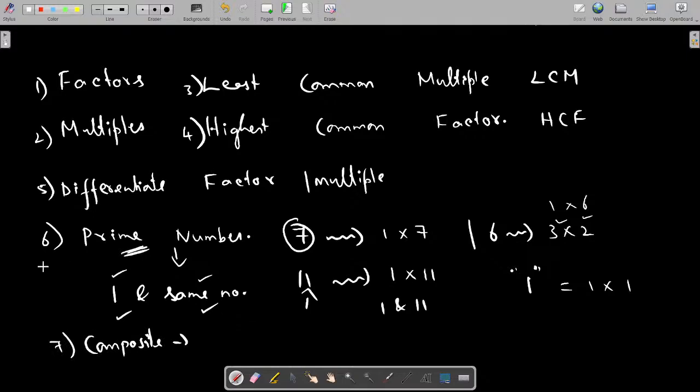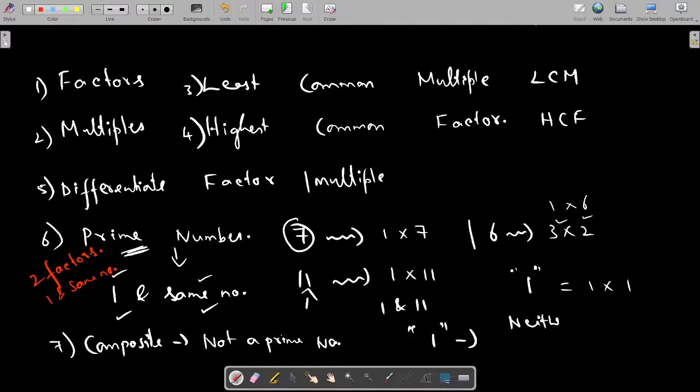It has only two factors, 1 and the same number itself. And what about the special 1? It's neither prime nor composite. Okay, that's all.